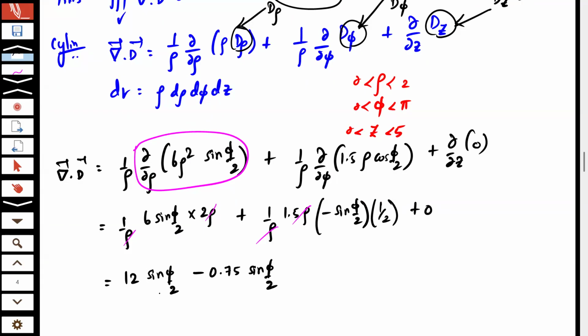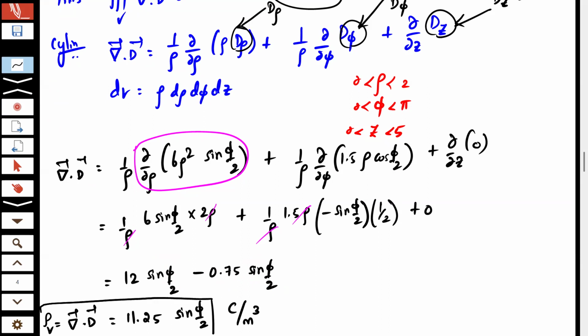So you have sin(phi/2) common. 12 minus 0.75, I can write 11.25. So this is 11.25 sin(phi/2). This is del dot D, which we have evaluated. We can also say this is rho v as per Maxwell's first equation of electrostatics. The unit for this is coulomb per meter cube.